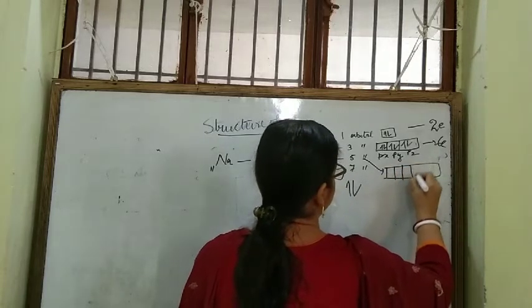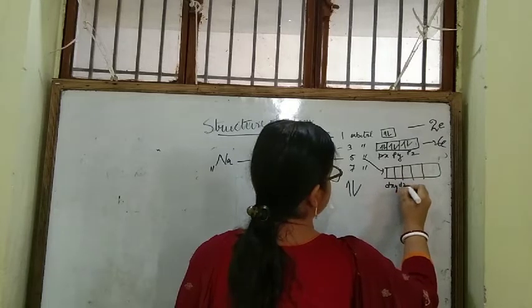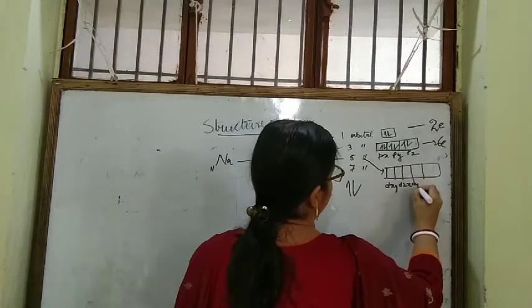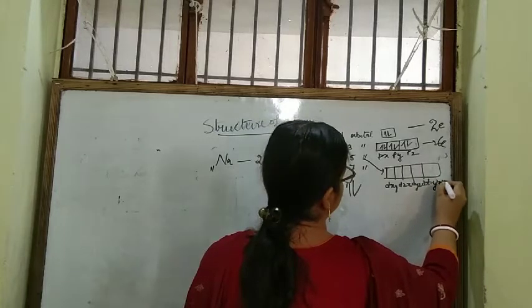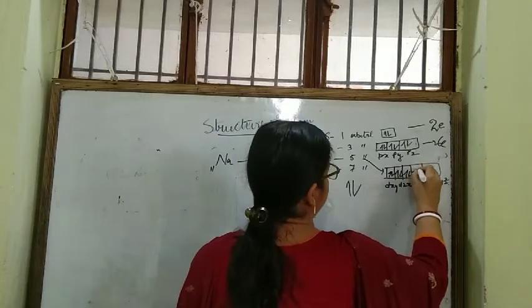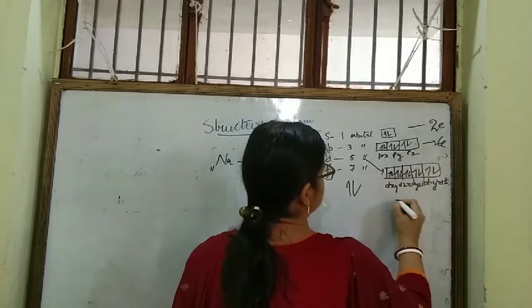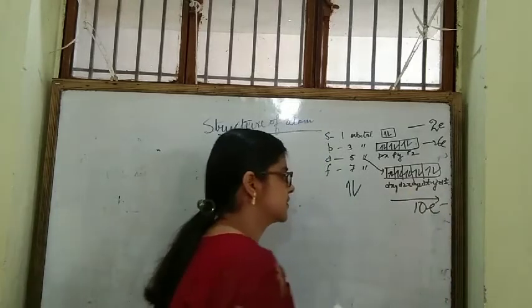1, 2, 3, 4, 5 orbitals: dxy, dxz, dyz, dx square minus y square, dz square. Each d orbital can accommodate 2 electrons. So in total it can accommodate 10 electrons.